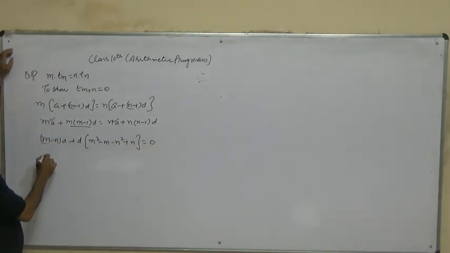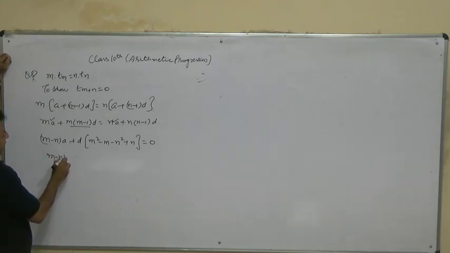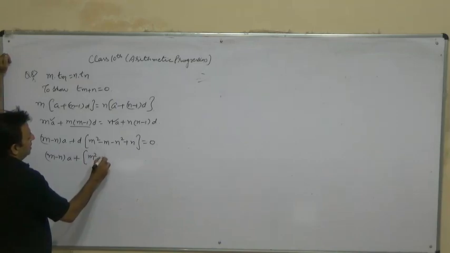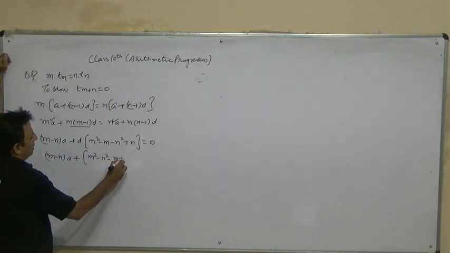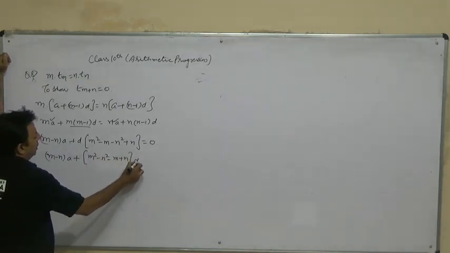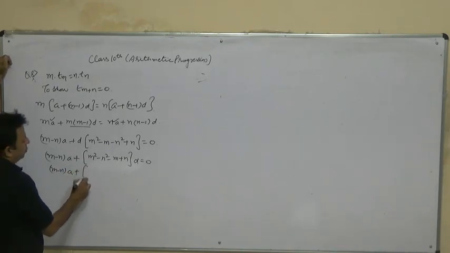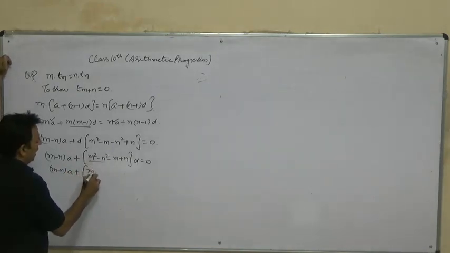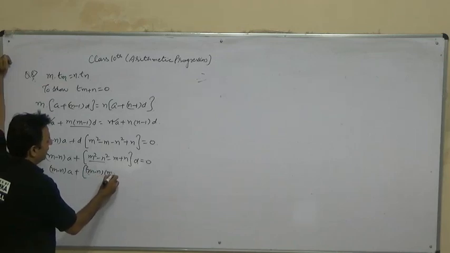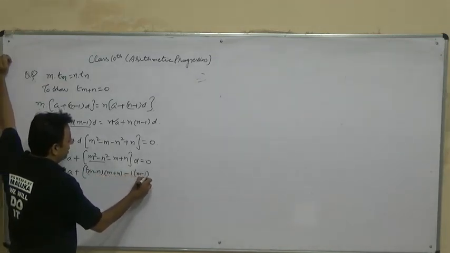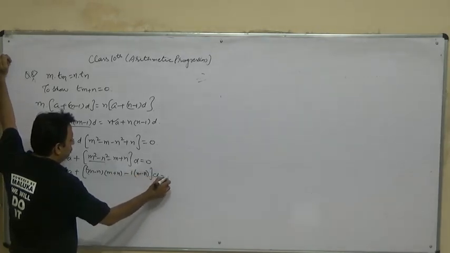So this will be m minus n into a plus m square minus n square minus m plus n into d is equal to 0. Just rearrange the terms. So m minus n into a plus, m square minus n square is (m minus n)(m plus n), minus 1, (m minus n) into d is equal to 0.